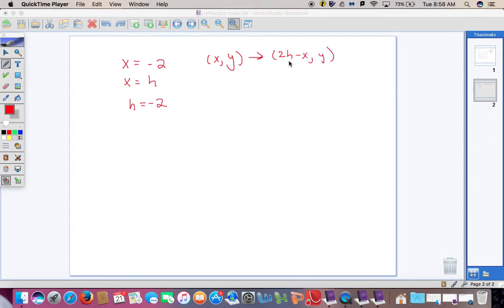Okay, well h is -2, so if I substitute this in here, I have 2 times -2 minus x, comma y. 2 times -2 is -4, so I have -4 minus x, comma y. So now this is my mathematical rule. So I'm going to go from an ordered pair of x, y to the mathematical rule of -4 minus x, comma y.